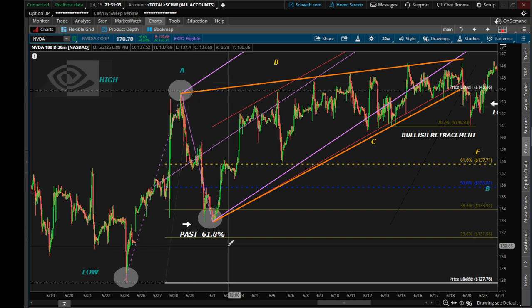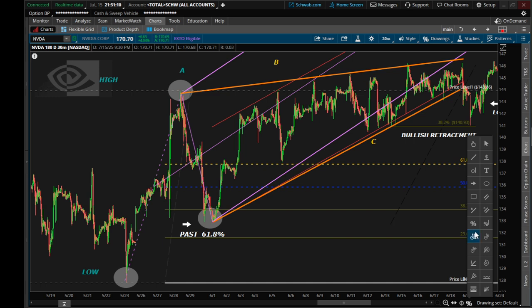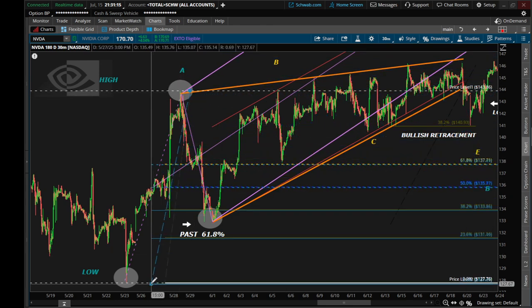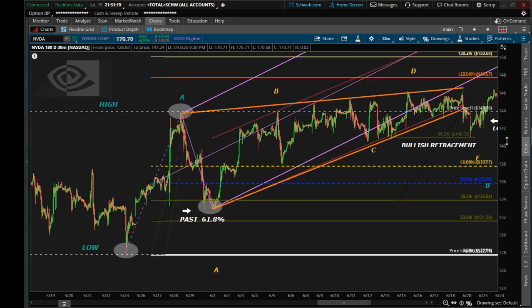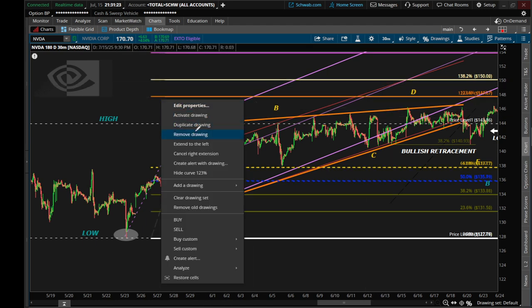The way to find your C is you just measure the wave of A. You take your Fibonacci retracement tool, click on the top of A and the bottom of A. These will give you your targets for your C wave, which I already have up there, so I just don't need to overlap.